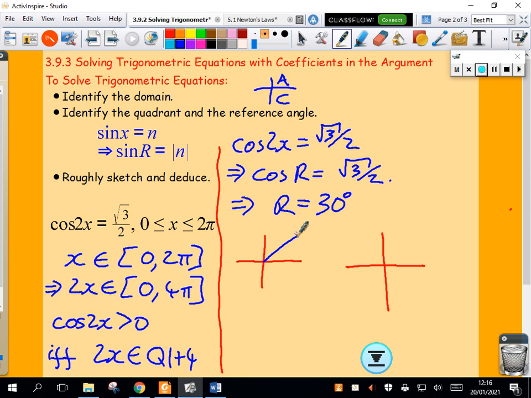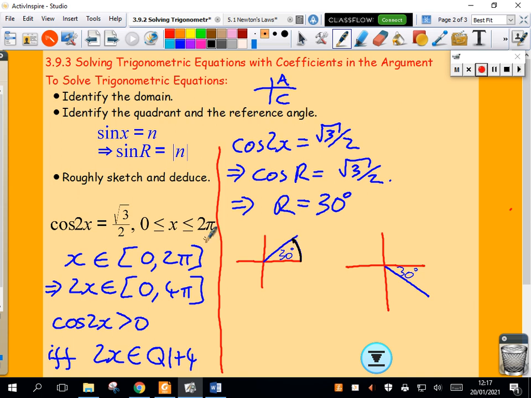There's quadrant 1, reference angle 30. There's quadrant 4, reference angle 30 degrees. And I'm going to look at two full circles for 2x. So there's my first go around here, and I'll change the color. There's the first time in quadrant 1 we hit that.